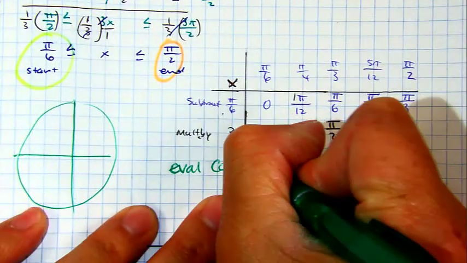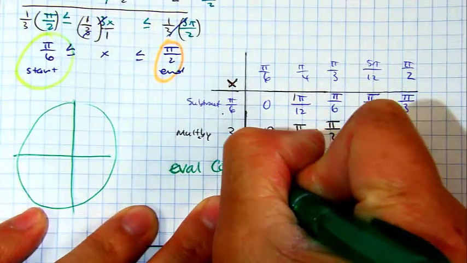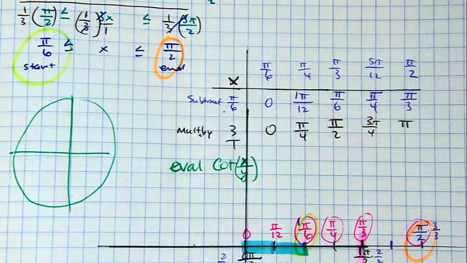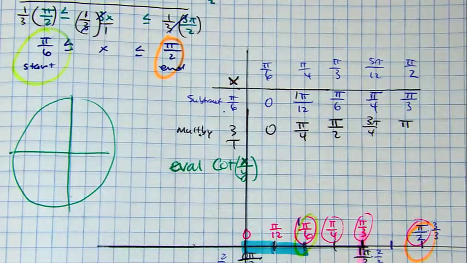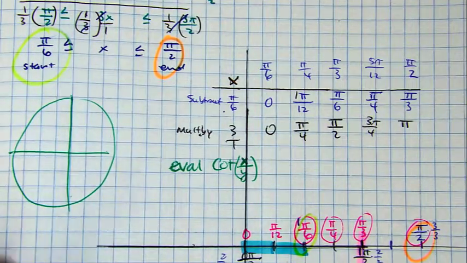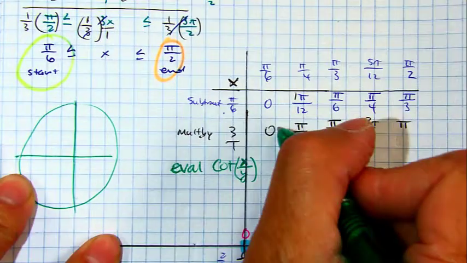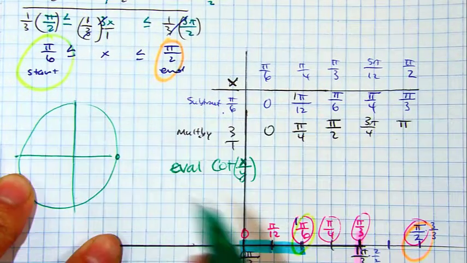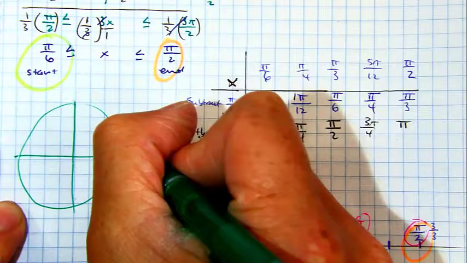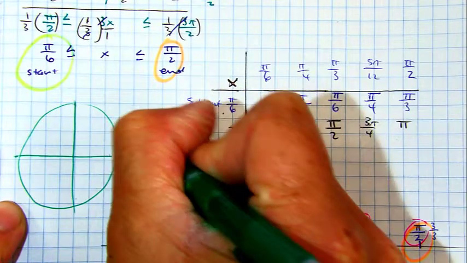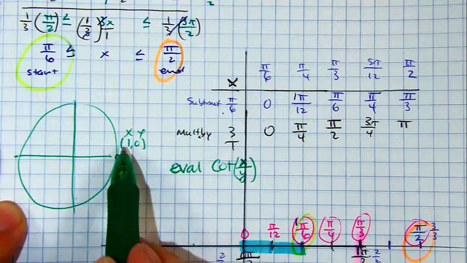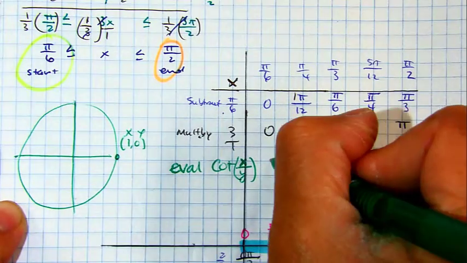X over y. Remember, if you forget, you can always just use the reciprocal of tangent, right? Tangent is y over x, you just flip it over. So, we're going to go to 0. Class, what's the order pair? Class, 1 divided by 0 is?